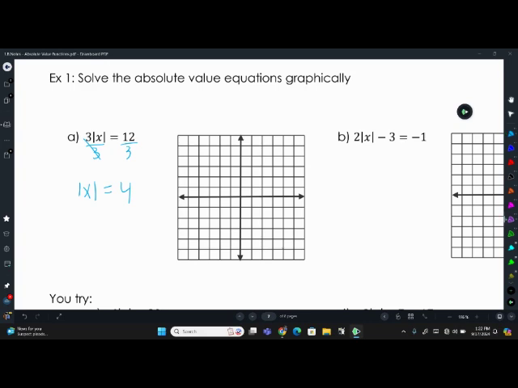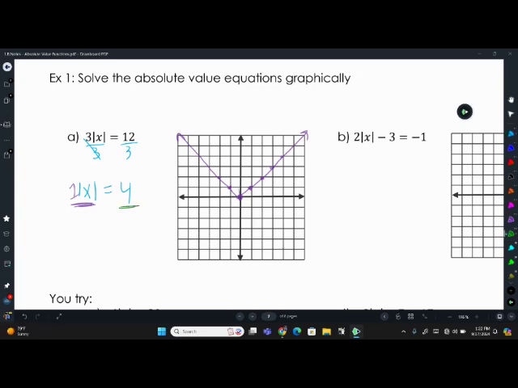Now the absolute value of x, we know how to graph that. It has a vertex at 0, 0, and there's an invisible 1 in front, so that means up 1 and right 1, up 1 and right 1, and then up 1 and left 1. So this is the left side of the graph and the right side of the graph.